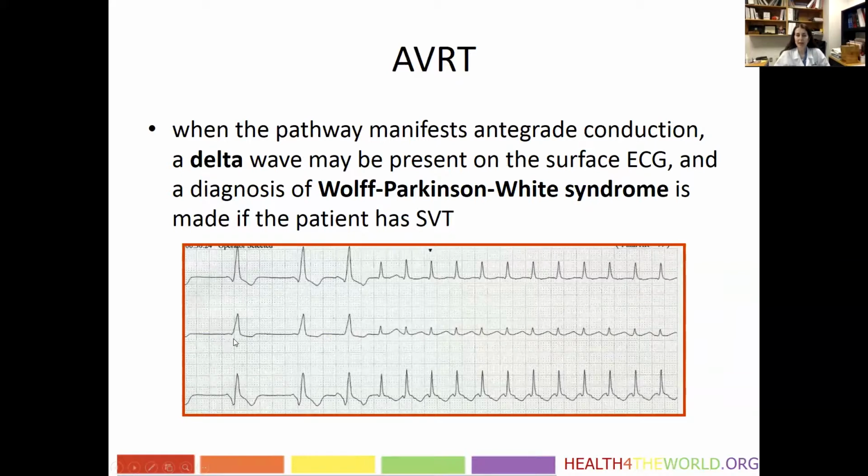Looking more carefully, there was a short RP interval. Here is a P wave, here is a P wave, a short RP interval, a delta wave, and we're going to talk about that, but this is what we call pre-excitation. Delta wave mainly positive here and negative here, and then probably with a PAC, a premature atrial complex, the tachycardia starts.